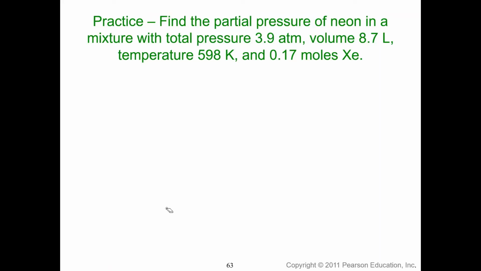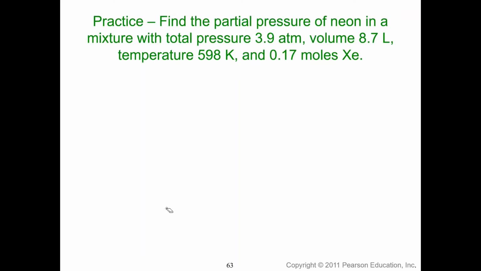All right, let's do another problem. This problem is a little bit different. We're asked to find the partial pressure of neon in a mixture with a total pressure of 3.9 atmospheres. So we want to find the partial pressure of one of the gases, and the total pressure is 3.9.